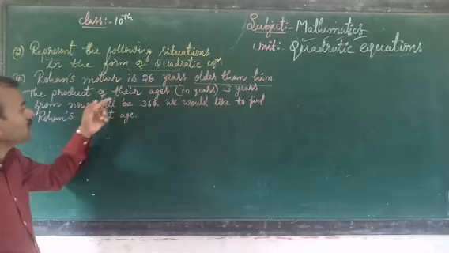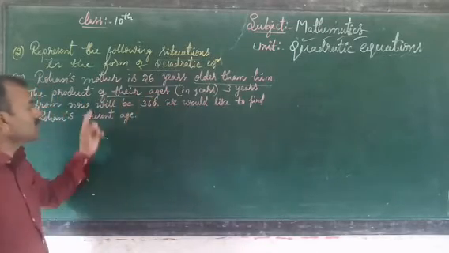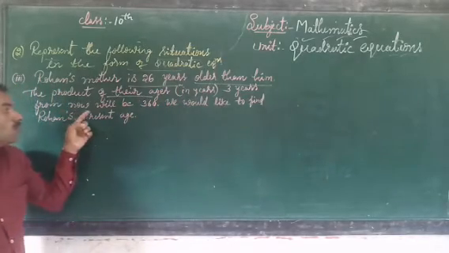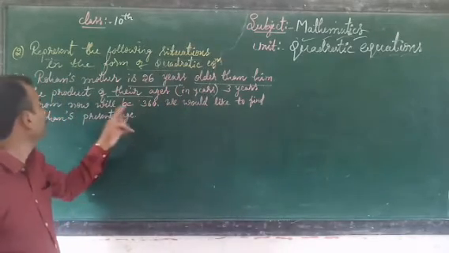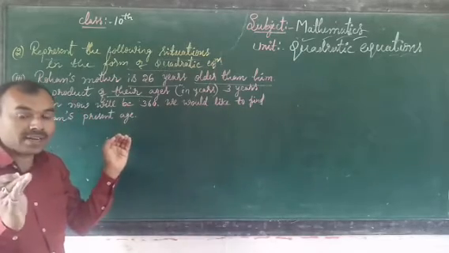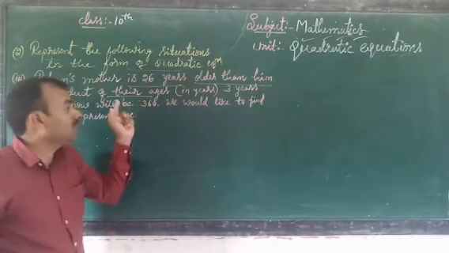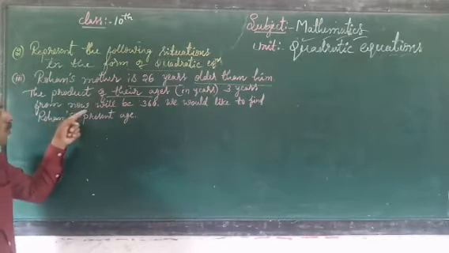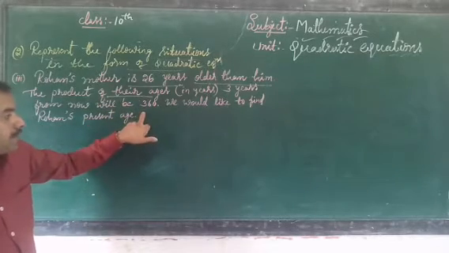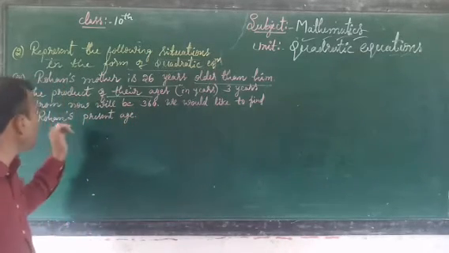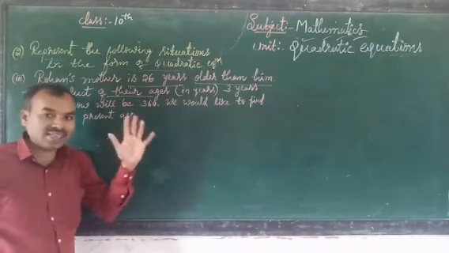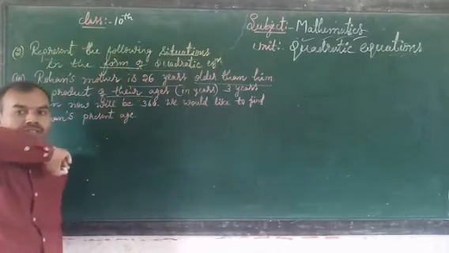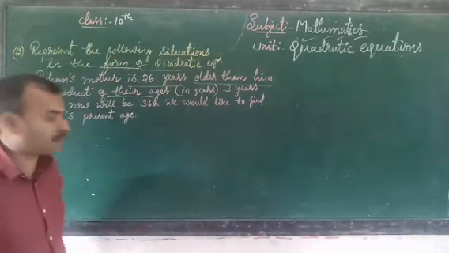The product of their ages 3 years from now will be 360. We would like to find Rohan's present age. Just form the quadratic equation for this situation.